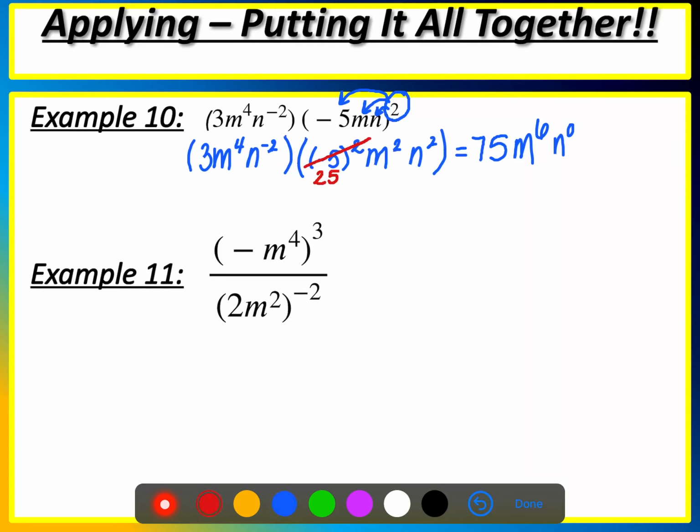And remember, anything to the 0 exponent just equals 1. So that's really times 1. So my final answer is 75 m to the 6th.